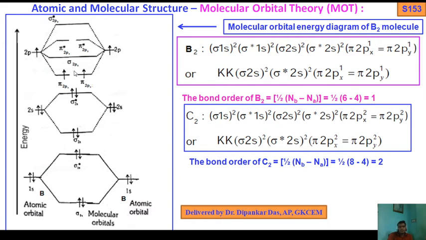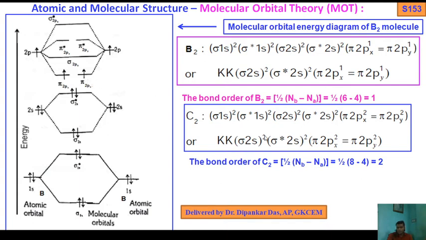That's why C2 is diamagnetic, because it has no unpaired electrons. So up to 12 electrons: sigma 1s2, sigma star 1s2, sigma 2s2, sigma star 2s2, pi 2px2, pi 2py2.